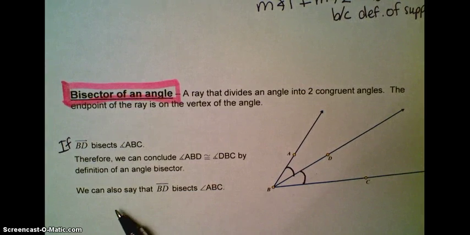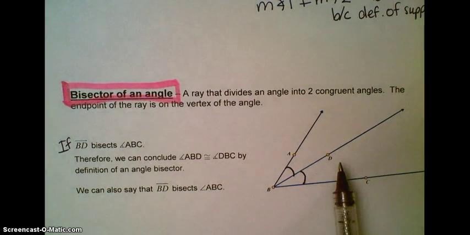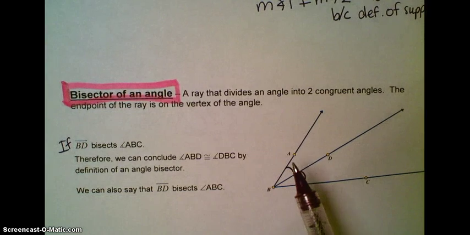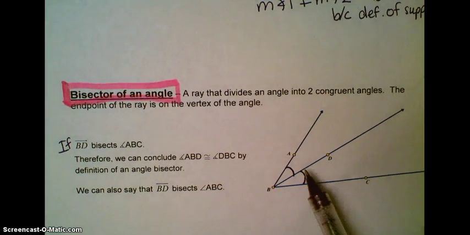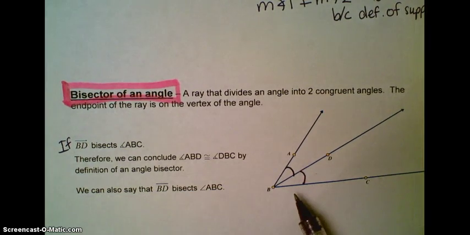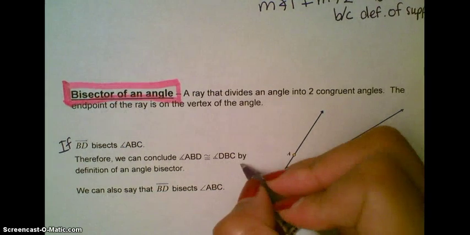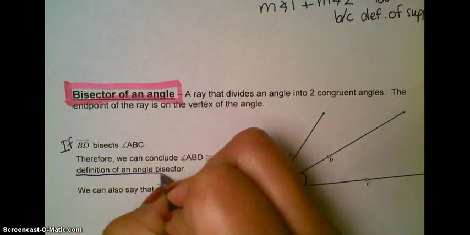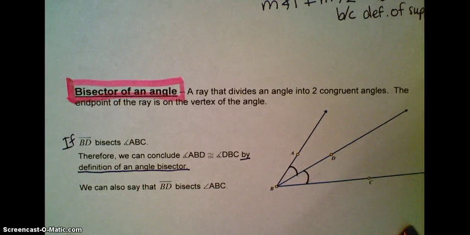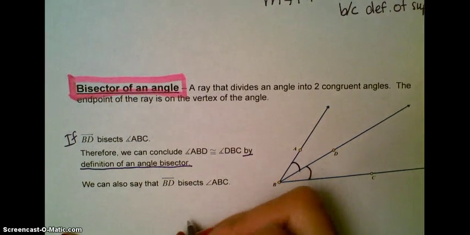Also, we can say that segment BD is a bisector of angle ABC because again, it's also going to separate this angle into two congruent angles. Again, notice we're giving a reason for why we're saying that. Also keep in mind that this definition could go backwards.